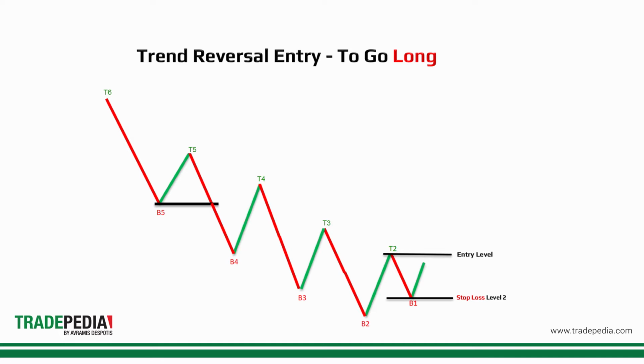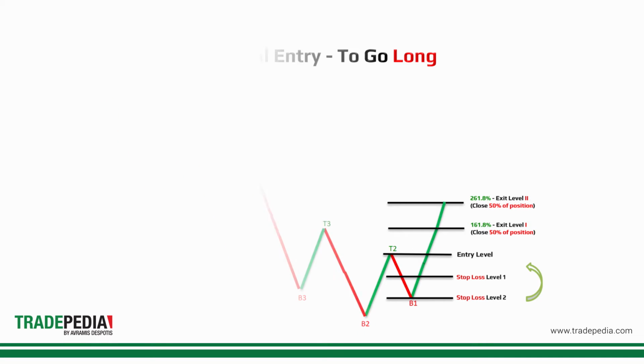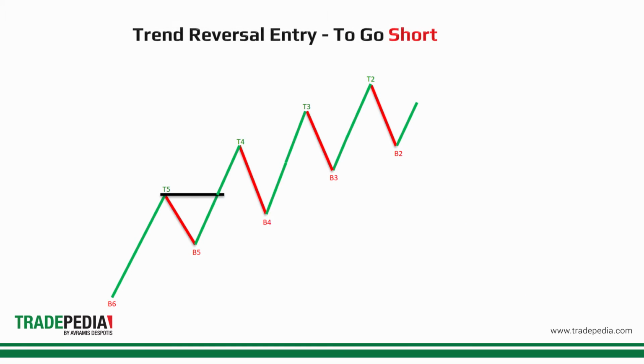Now, as the market reaches the first target at the 161%, we close 50% of our position and at the same time trail our stop loss either up to the entry level or to the stop loss level 1. From there on, we allow the trade to reach the second outlined target at 261, where we close the remaining 50% of the position.